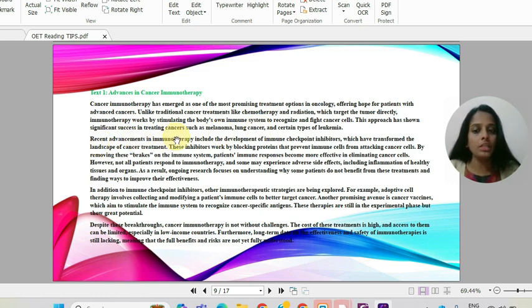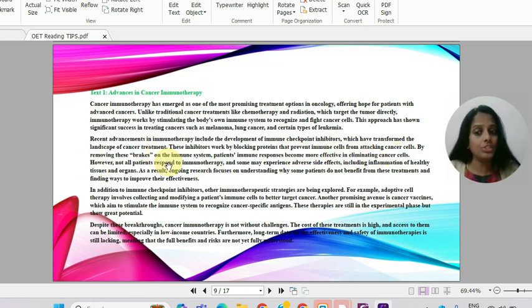Recent advancements in immunotherapy include the development of immune checkpoint inhibitors, which have transformed the landscape of cancer treatment. These inhibitors work by blocking proteins that prevent immune cells from attacking cancer cells. By removing these brakes on the immune system, patients' immune responses become more effective in eliminating cancer cells.